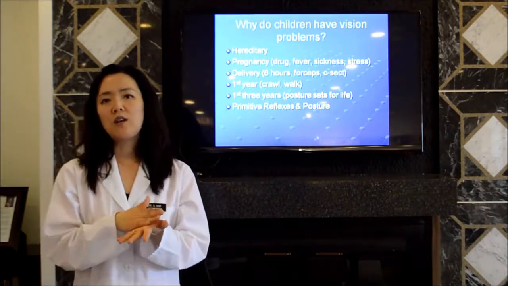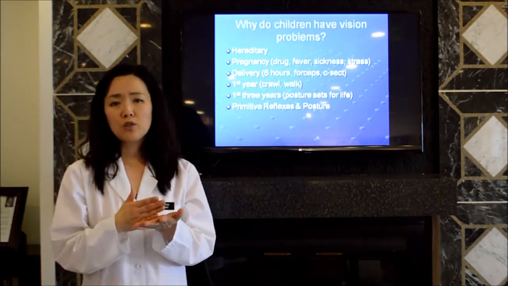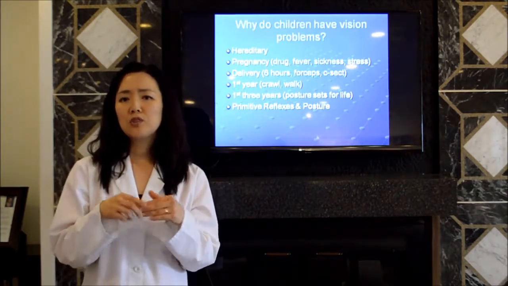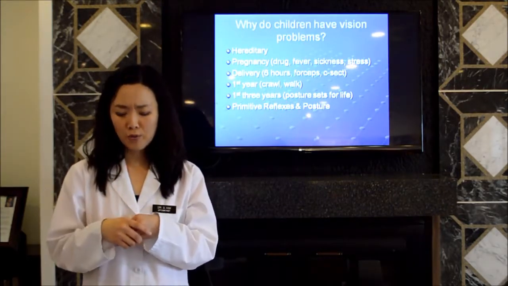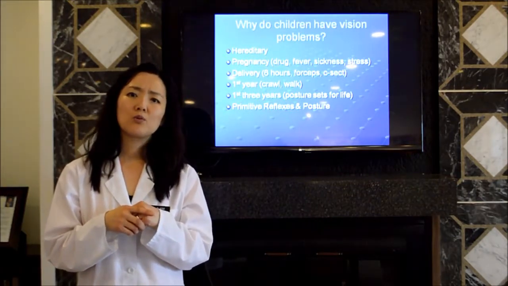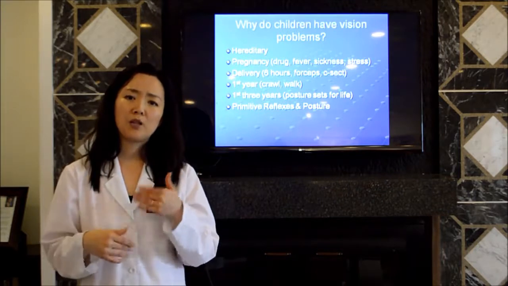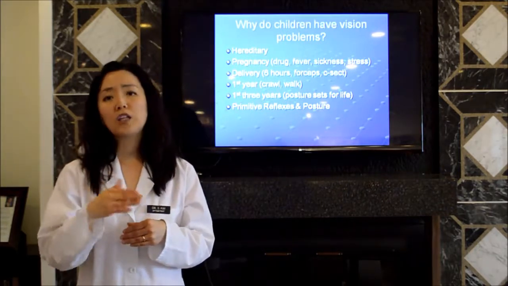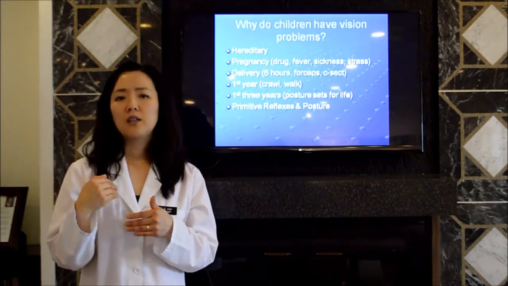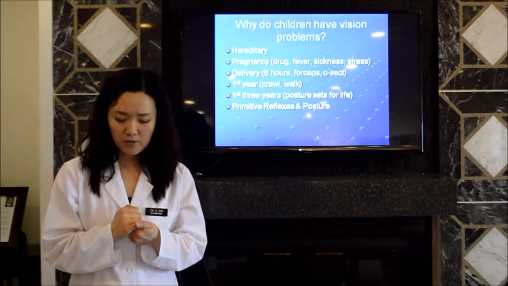In the first year of development, it's very crucial for them to be able to crawl normally, but some children skip crawling or crawl in an awkward way, and that usually indicates there are some problems with their visual system or body coordination. Walking too early or too late can also indicate some problems with their vision.